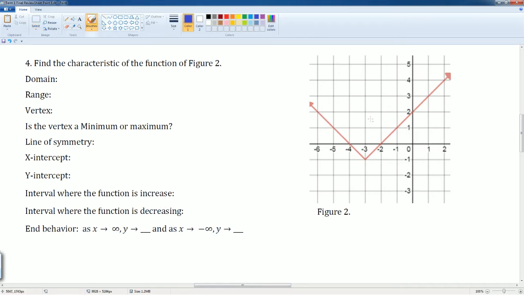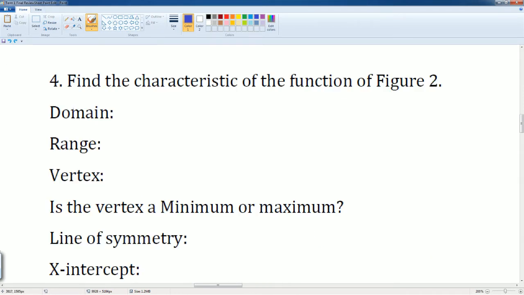Looking at the arrows, it goes all the way from the left all the way to the right. So it goes from negative infinity all the way to infinity. So that is the domain. So I can write here, domain would be negative infinity all the way to positive infinity.